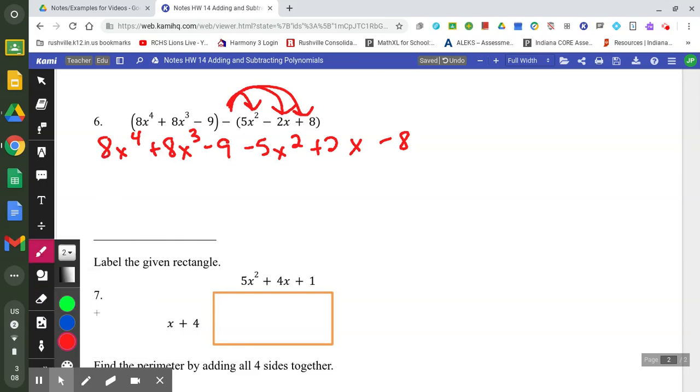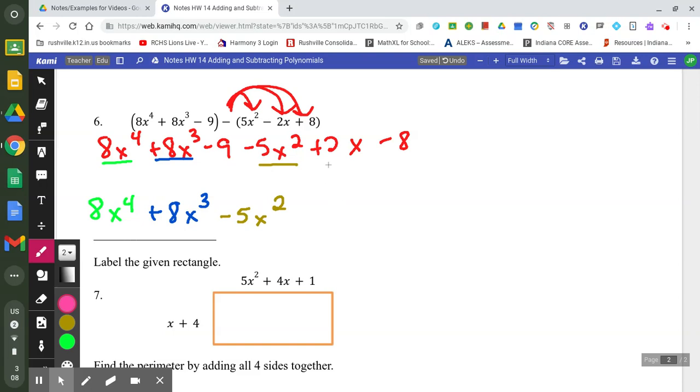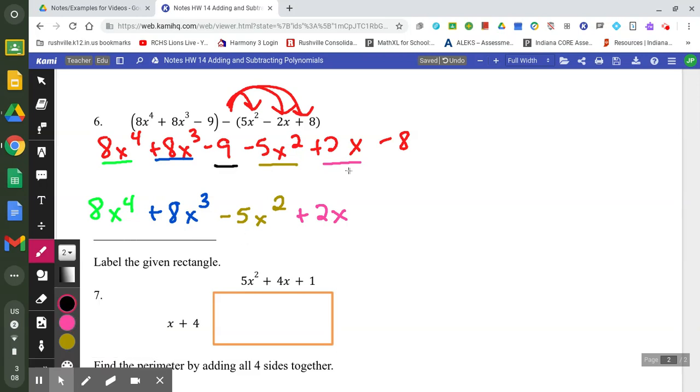So I have an 8x to the fourth, then plus an 8x to the third, minus 5x squared, plus 2x, minus 17.